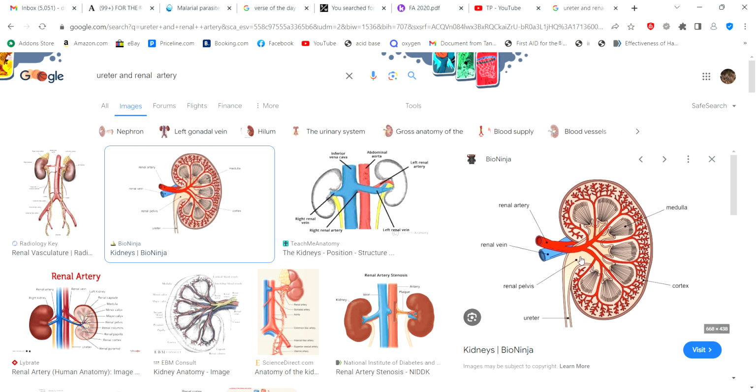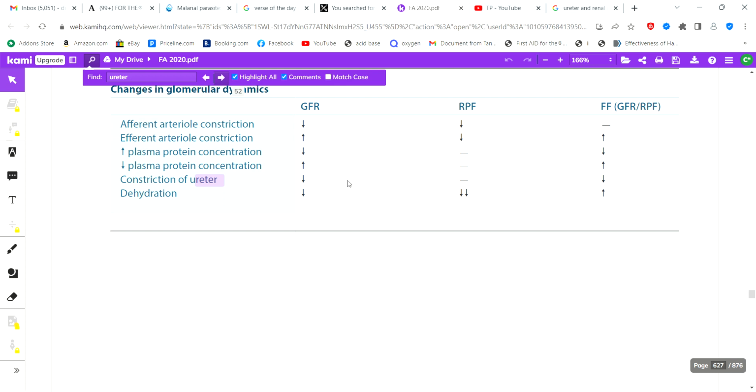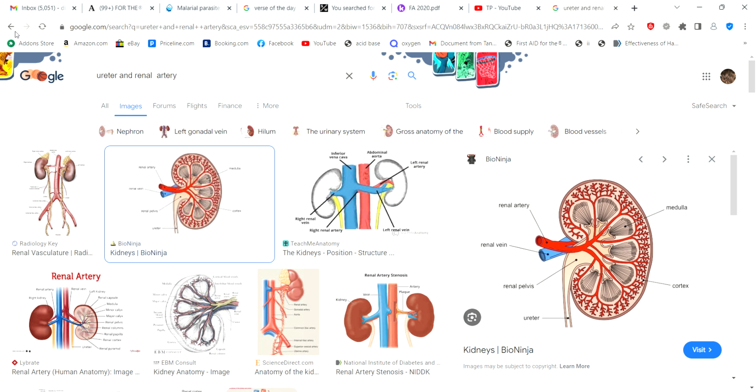Renal artery is this. This is the ureter, where strictly urine goes through. And renal plasma flow is this renal artery. So don't get mixed up between these two.